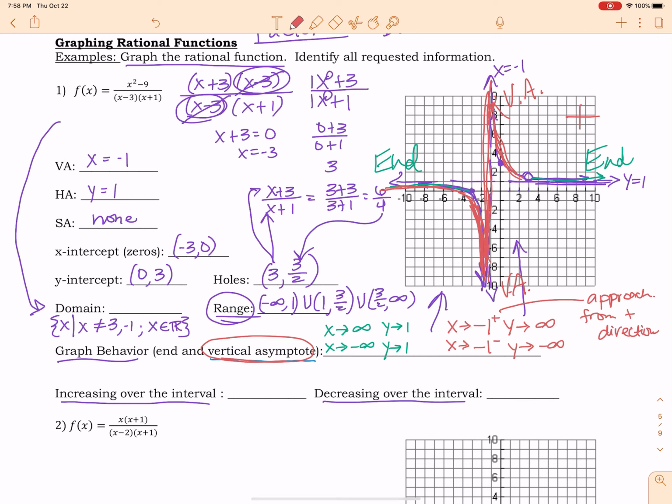So from left to right, this is also decreasing. So it is decreasing over an interval of negative infinity. Remember, we always use our x values. We are decreasing from negative infinity to -1. And we are also decreasing from -1 to positive infinity. We are not increasing at all.